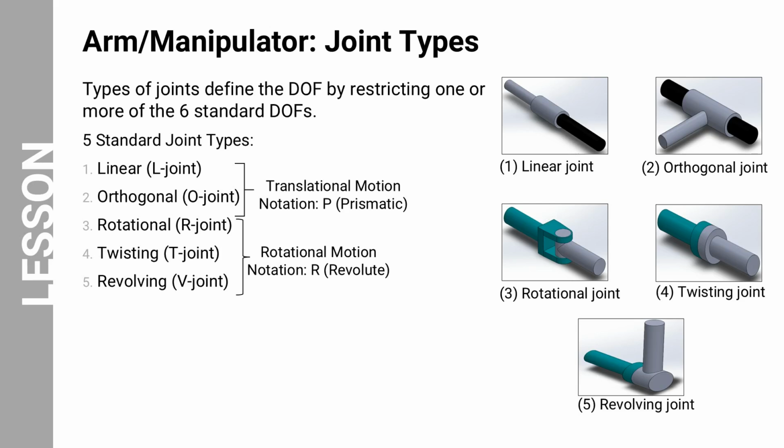The rotational joint, known as the R joint, permits circular movement around a fixed axis, much like an elbow joint rotating in a fixed plane. The twisting joint, or T joint, facilitates rotational motion along its own axis, comparable to a screwdriver turning motion. Finally, the revolving joint, known as V joint, allows for sweeping rotational movement, functioning like a robot arm swinging in an arc around its base.